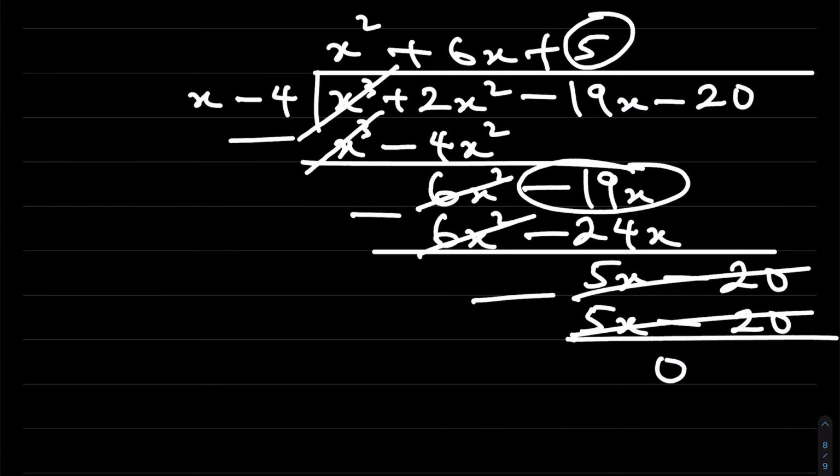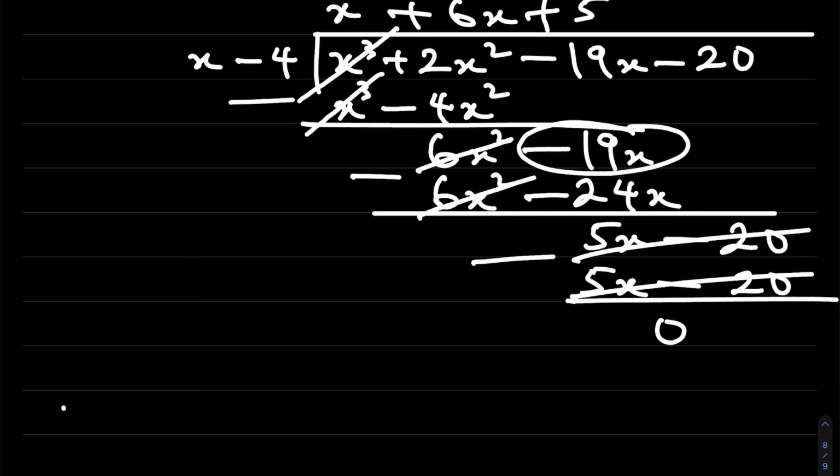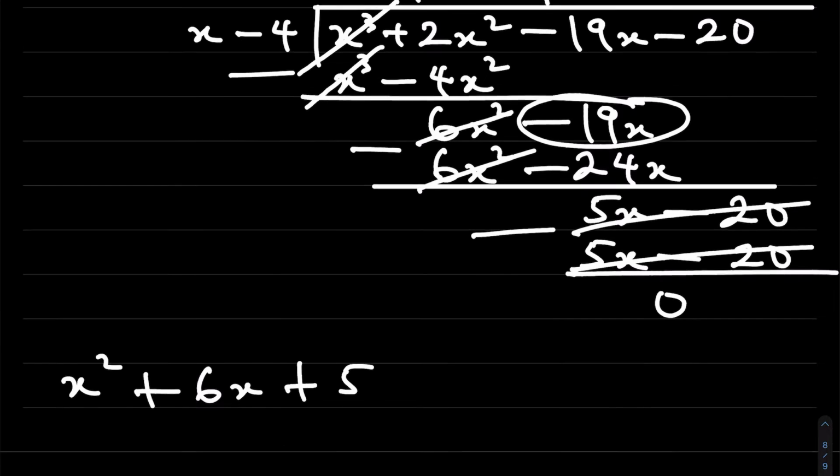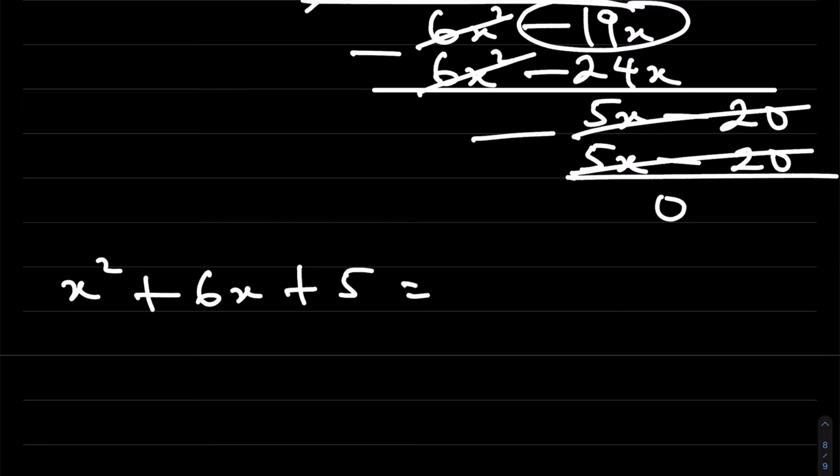So that means x squared plus 6x plus 5 is also a factor of the cubic equation. But this factor is a quadratic factor, so we can factorize it. The cubic equation is supposed to have 3 factors. We already have one of those factors, which is x minus 4, and we need 2 more.